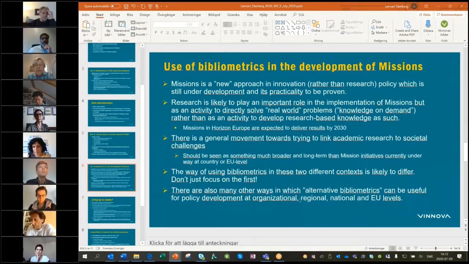Also, I think there are many other ways of using what I call here alternative bibliometrics, in the sense that was presented today. More maybe along the line that Michael Hopkins was showing, looking at organizational, regional, national, and EU levels at how research is being organized. There are many important policy issues.